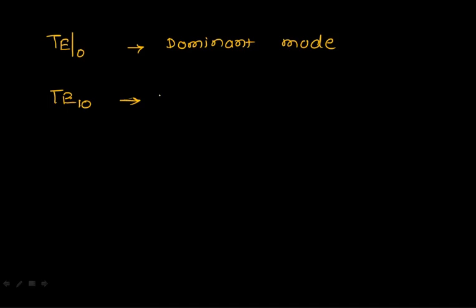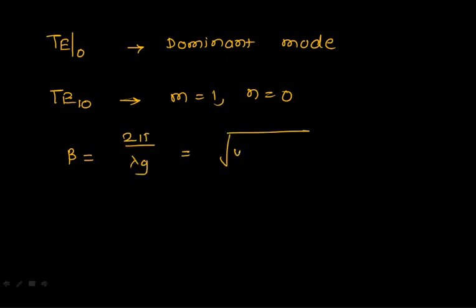So whenever they ask you to calculate things for the dominant mode, you take this as the dominant mode. And if I recall some of the things we have seen, for phase velocity, the beta is a phase constant, which is nothing but 2 pi by lambda g, because it is inside the waveguide. It will be the square root of omega square mu epsilon minus omega c square mu epsilon. This will help us to solve the numericals.